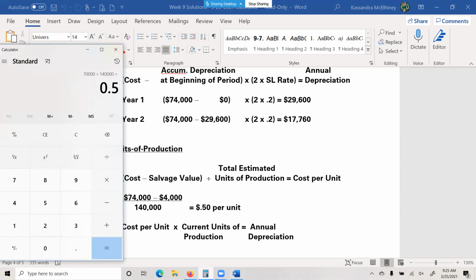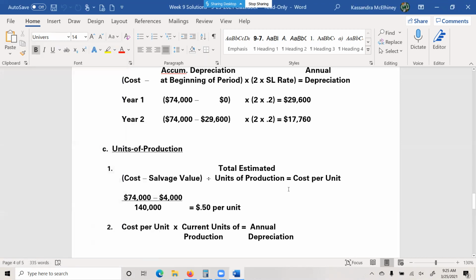So we get a depreciation rate very similar to what we saw in the problem dealing with depletion, as it is the same basic method. So 50 cents per unit will be our depreciation rate times the actual units produced during the year.